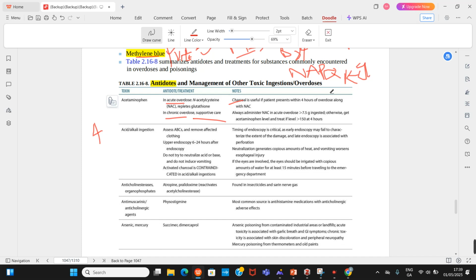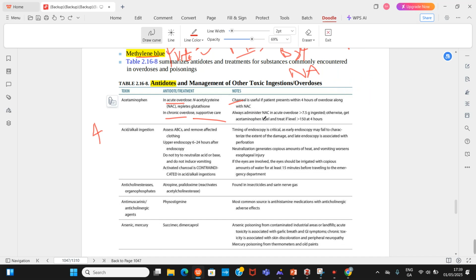When somebody takes acetaminophen, they generate a lot of NAPQI. Glutathione is always there to help take it out. But when it gets beyond a certain level, it will deplete all the glutathione. So the only way you can reconstitute glutathione to neutralize it is by administering NAC. That's the function of NAC.